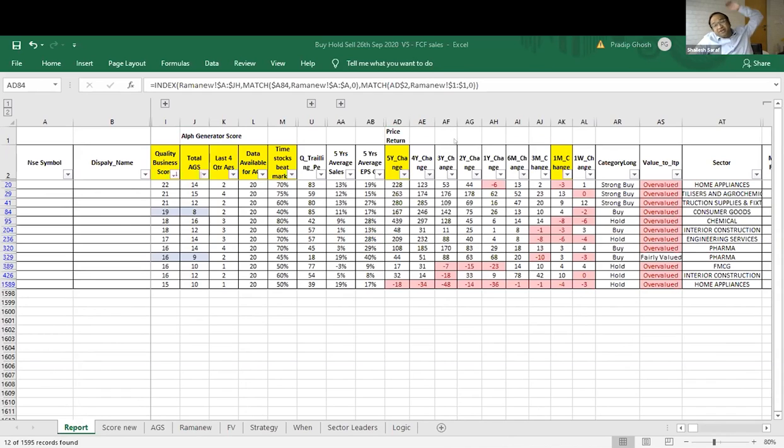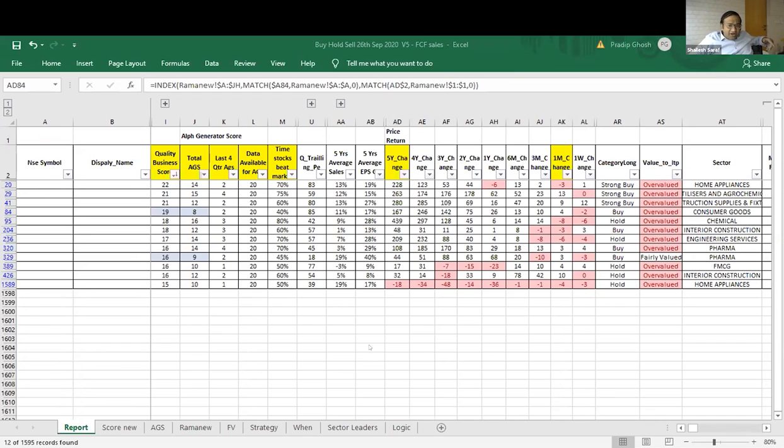But people need stocks which give 150% return. Some people don't understand this strategy, but it's a very good, simple strategy. These stocks are for minimum 3 to 5 years. You can keep this portfolio, and it will keep giving you sweet 16-17% return for the next 3 to 5 years. All good stocks, fantastic stocks.